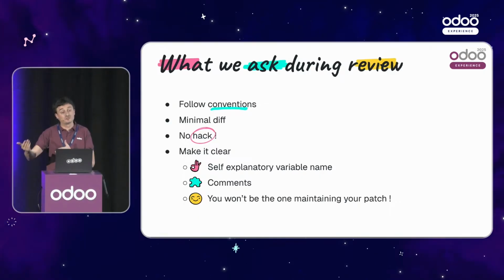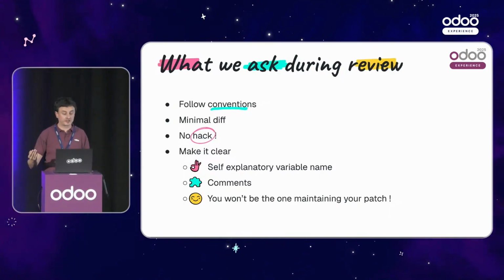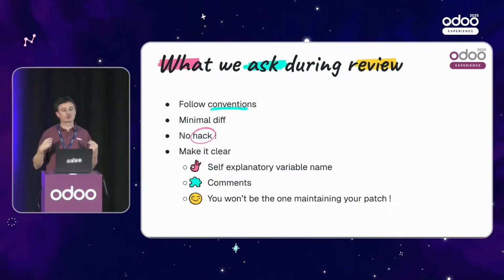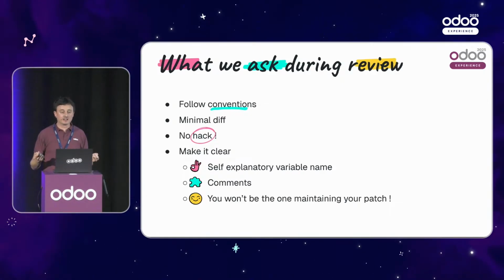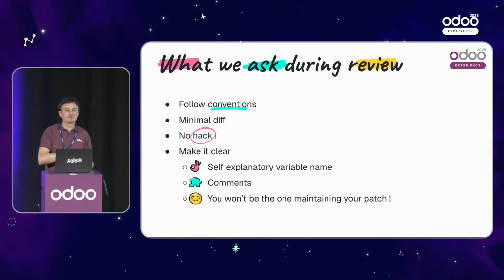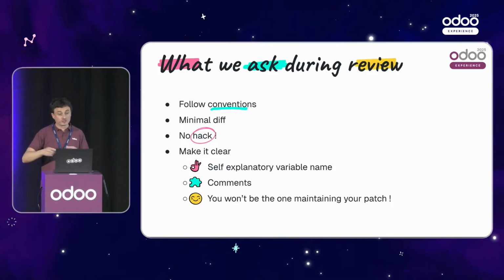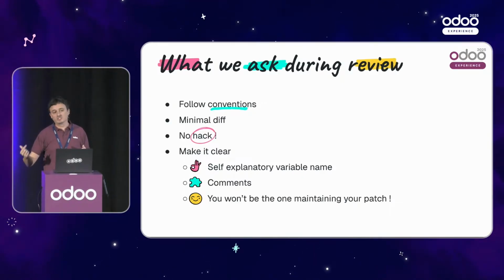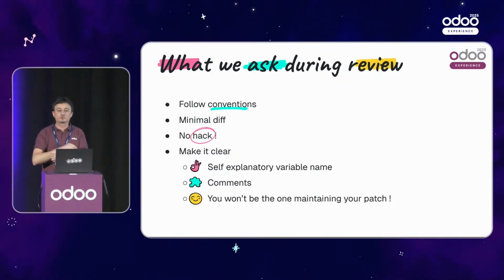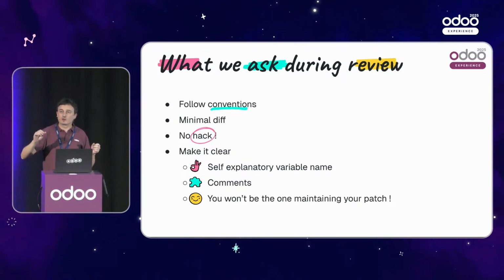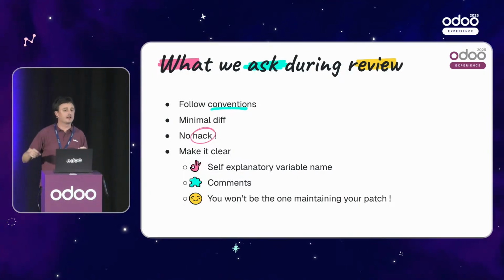It helps the bug fix team to read your code when they have to modify it, because you won't be the one maintaining your patch. When it's merged, it's our responsibility to maintain it, and it's not the reviewer that will fix it if it breaks a few months after. It's the bug fix team, so it will be another person, and it's important that they are able to read and understand your code easily to see what it does, because sometimes you have to read the whole function and say, okay, this part is doing that, it's not what I'm interested in.